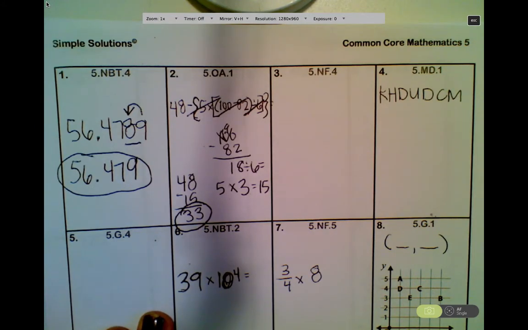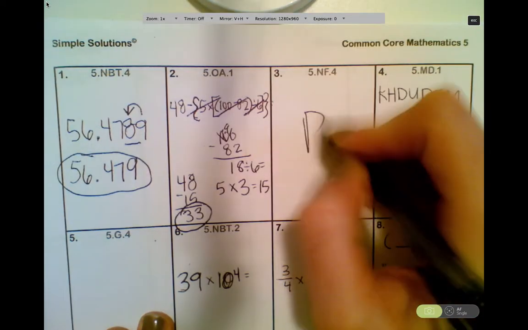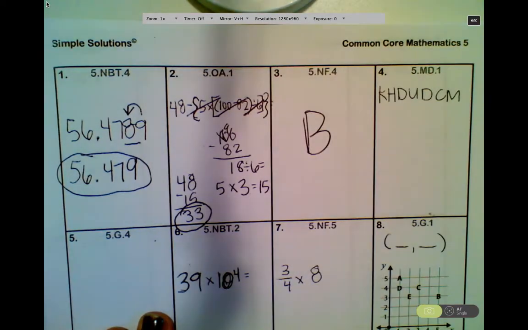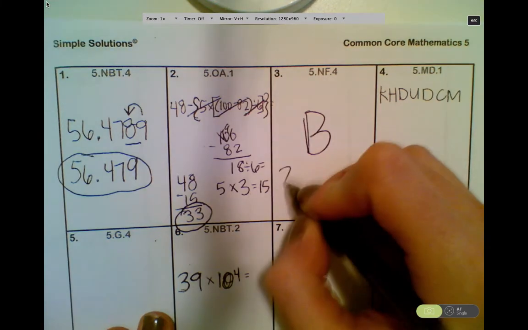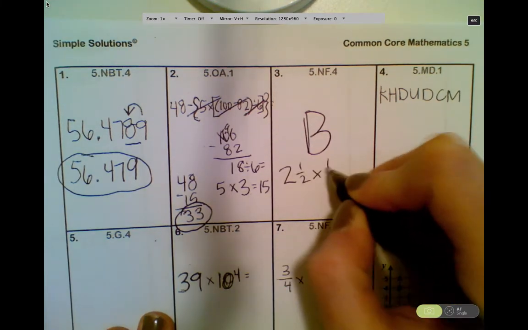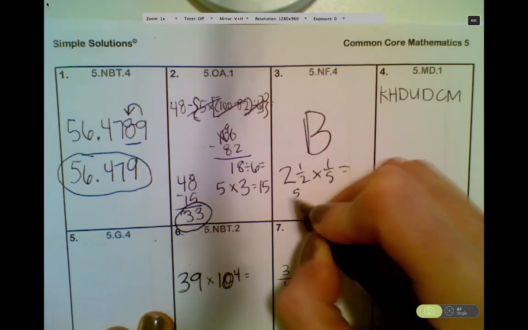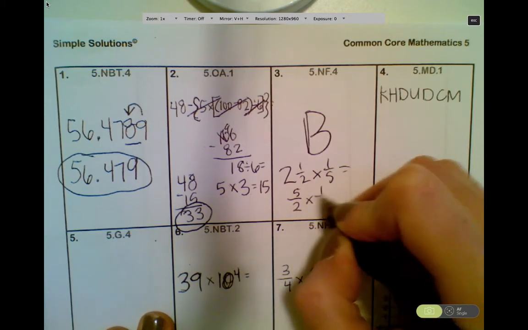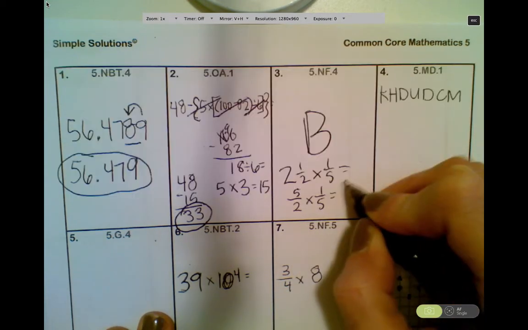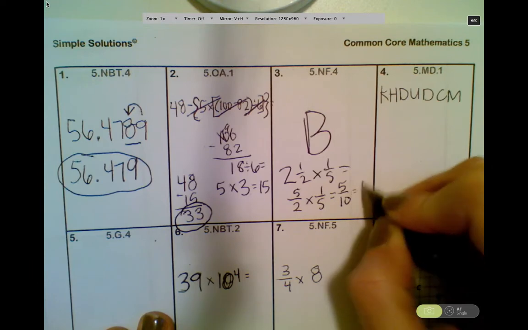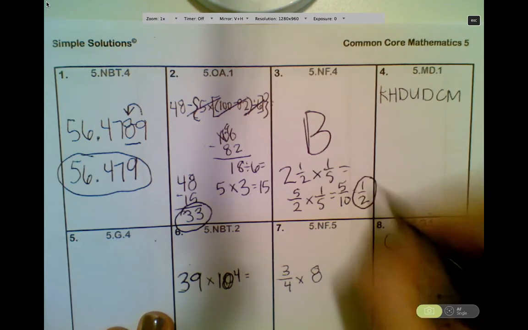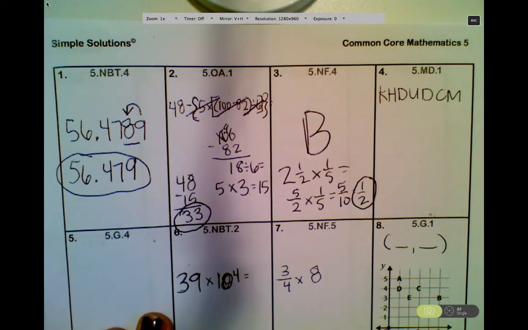We need to remember when we multiply fractions, we will get a smaller number, and she's dividing 2.5 boxes between 5 people, so our answer is B. Because 2.5 times 1/5 is really 5 over 2 times 1/5, which is 5/10 or 1/2. Meaning that each person would get a half of the box.